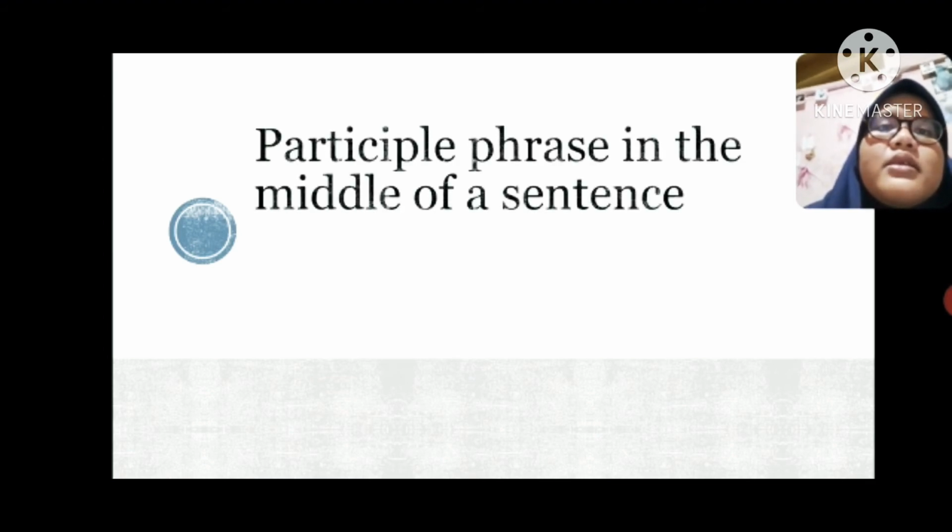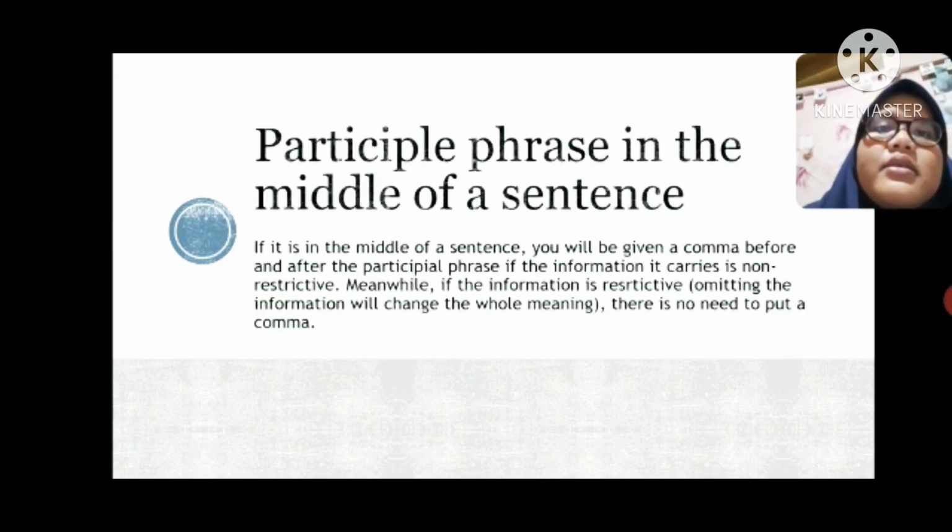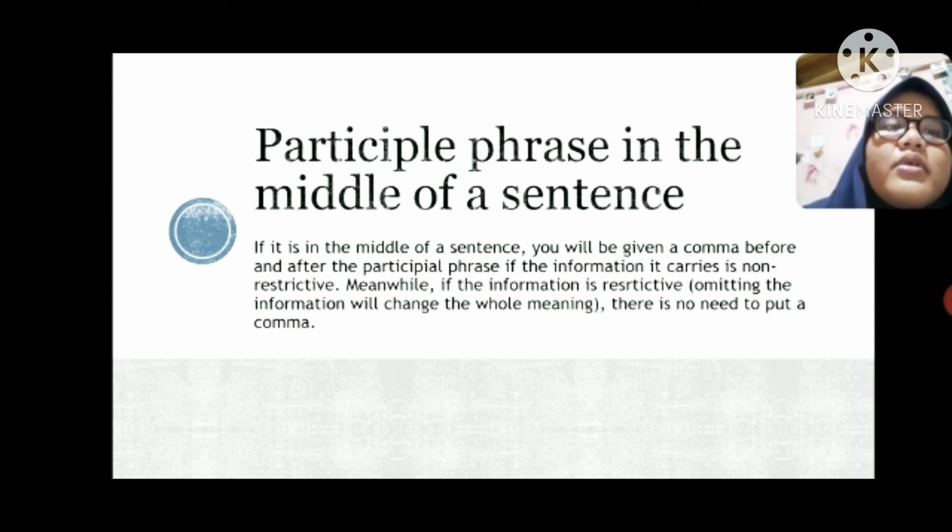Participle phrase in the middle of a sentence. If it's in the middle of a sentence, you put a comma before and after the participle phrase if the information it carries is non-restrictive. No comma if the information is restrictive, meaning omitting the information will change the whole meaning.